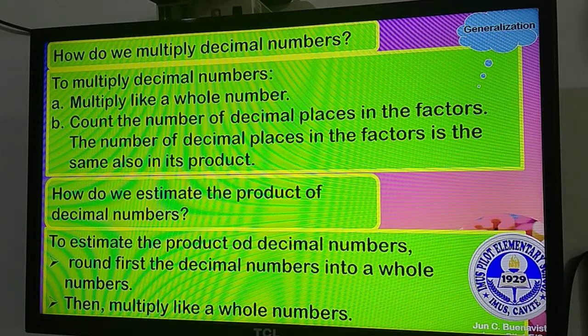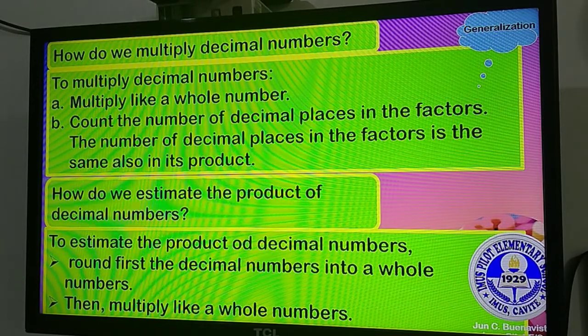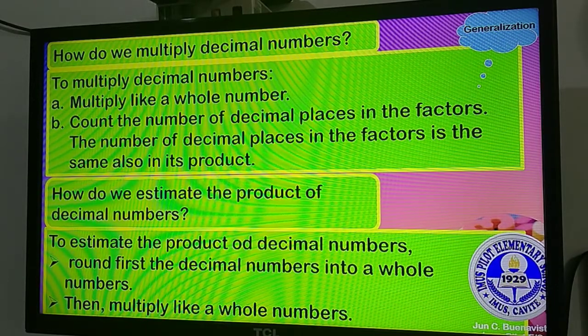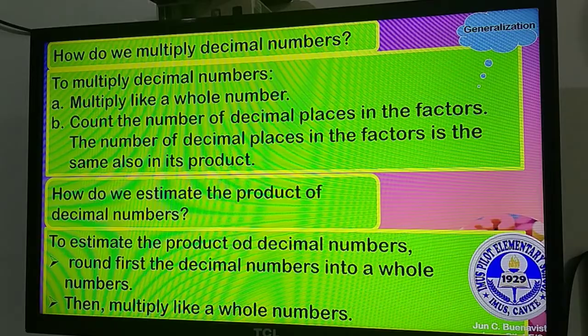Then, after we round to the whole number, i-multiply na natin siya like a whole number. So, that is how to estimate and how to multiply decimal numbers. I hope that you have learned today about multiplying of decimal numbers and estimating the product with a reasonable result.